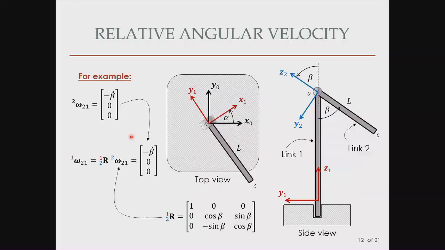Okay, let's look at this 3D example with the wing. Remember the example from the morning? The question is to define the angular velocity of this wing, link 2, relative to link 1. So how my hand is rotating relative to my body.